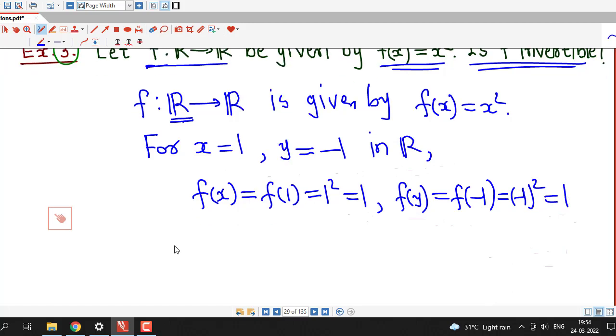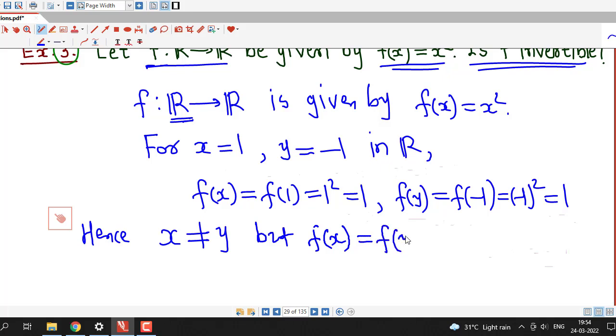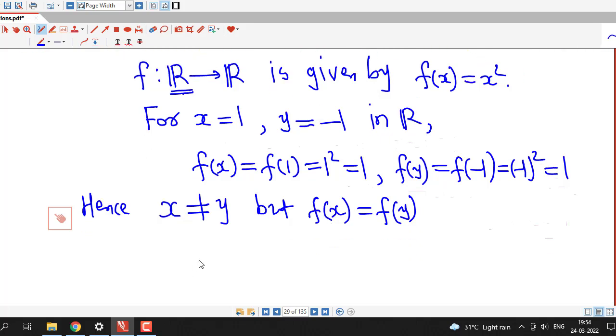So we can see that x is not equal to y. So we have got two distinct elements, but their images are equal. So we require that distinct elements must have distinct images if our function is 1 to 1. So we have obtained two distinct elements whose images are not distinct.